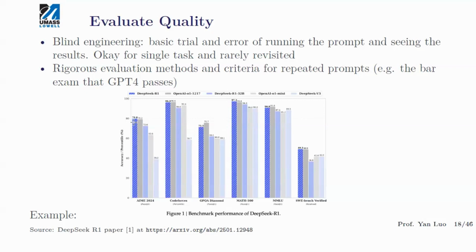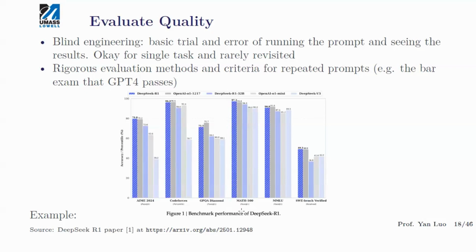And you can see that DeepSeek R1 is better than OpenAI's O1 model. And Codeforces is a programming contest. So there are programming questions, and these models try to produce answers, and then the correctness and effectiveness of these solutions to those programming questions are compared. I think DeepSeek is almost the same, if not better, than OpenAI's O1 model.